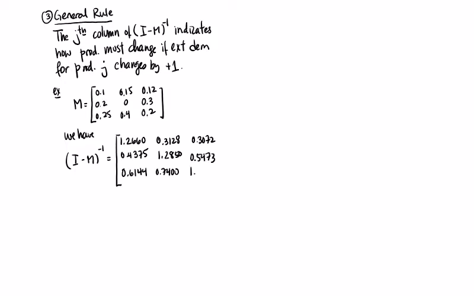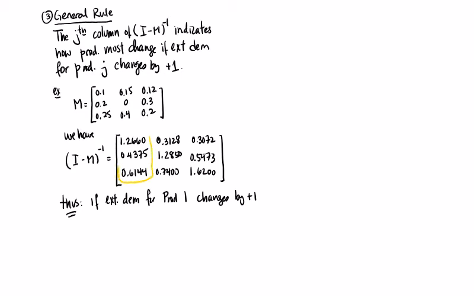Notice that the main diagonal entries are all bigger than 1, and there is a reason for that. What this says is, suppose the external demand for product 1 changes by +1. We look at the very first column, these values. Those tell us how the production must change.